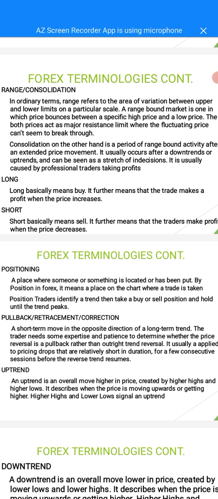It does not go beyond that particular place. The period within which these movements last within a defined place is what is known as consolidation.